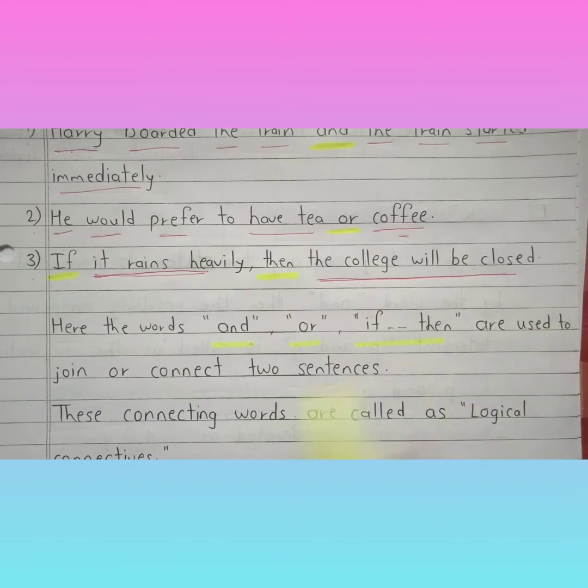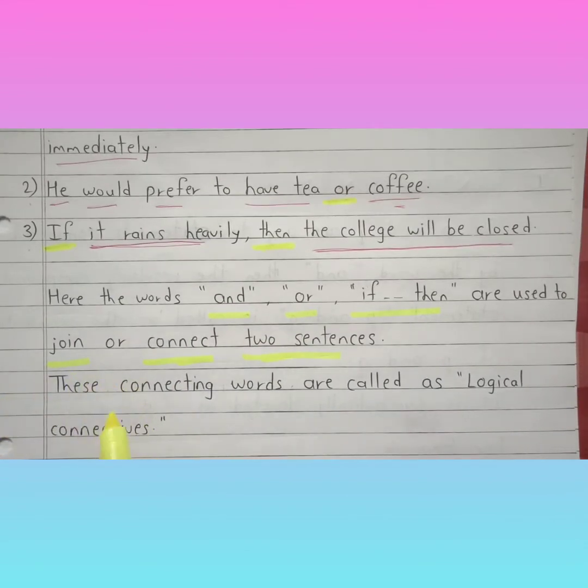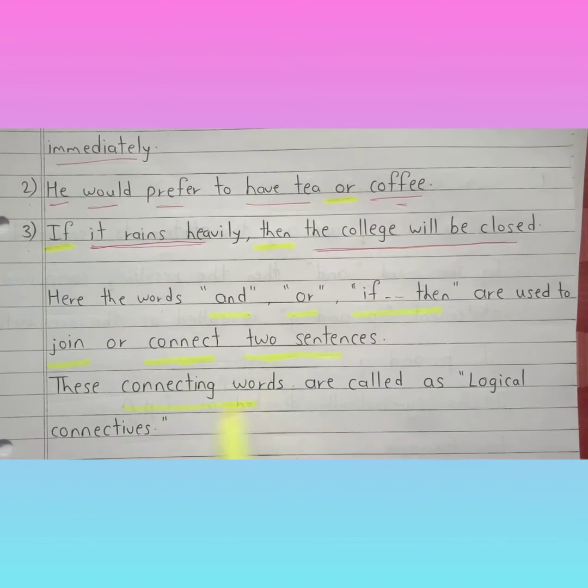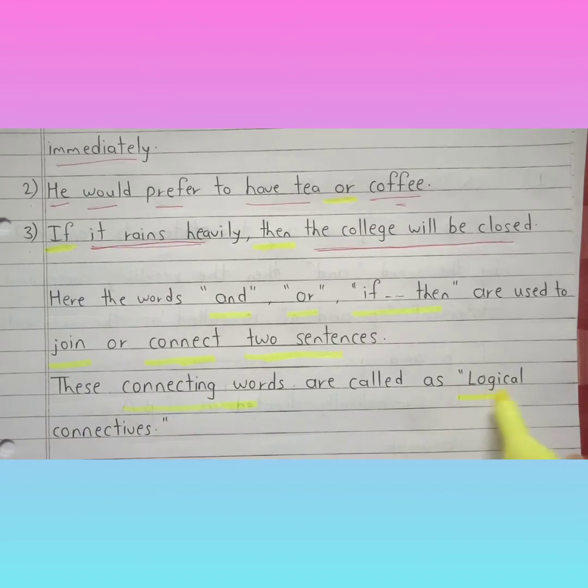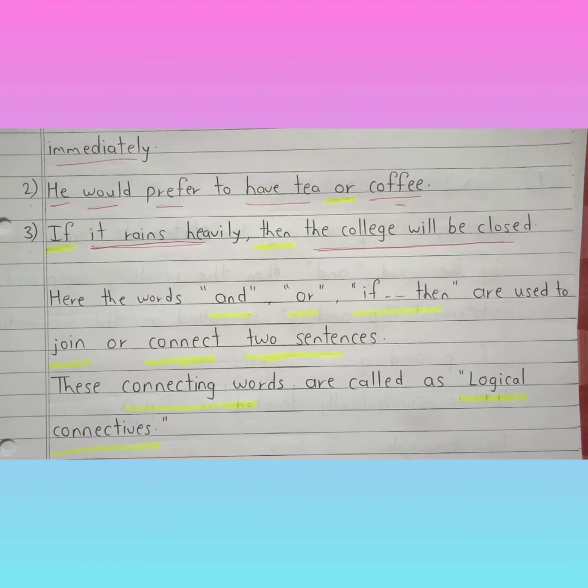We have used these words to join or to connect two sentences. So the words which connect two or more sentences are called logical connectives. This is the concept of logical connectives.